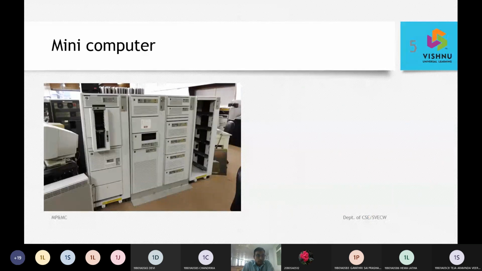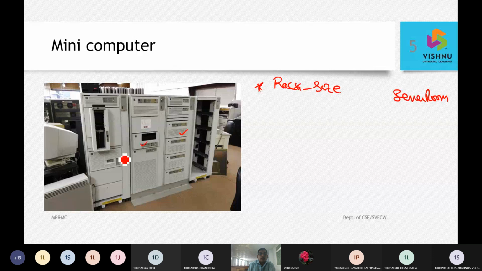The second thing was the minicomputer, and its size, we call it rack size. In the server room of a C block, you can witness they are in the form of racks.